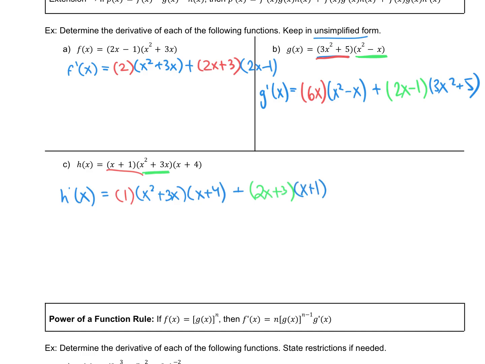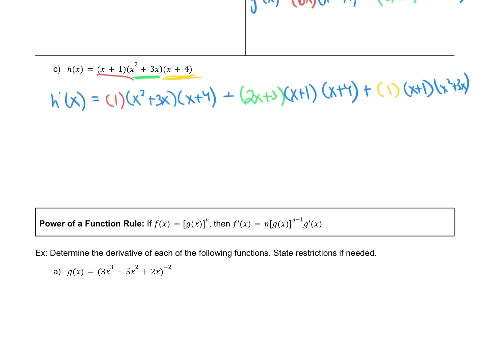Copy paste the other two. Plus, I'm going to take the derivative of the last function, just 1. Copy paste the first two. And there we are, the derivative of this function. Instead of me using distributive property and then using power rules, I could have done this.